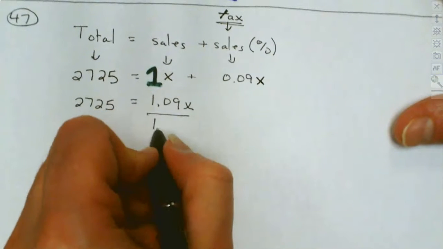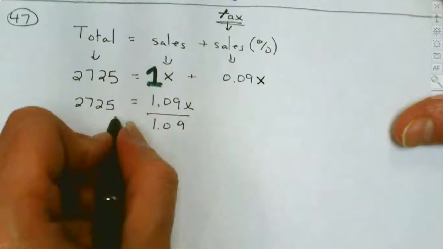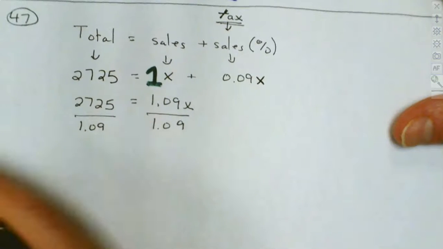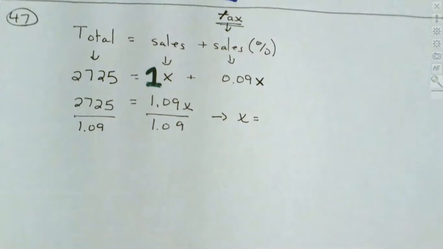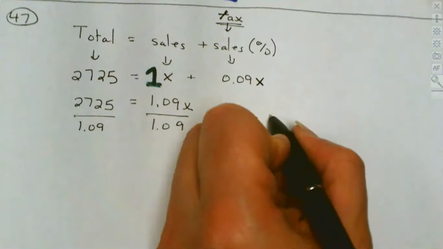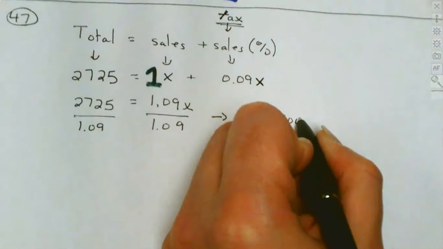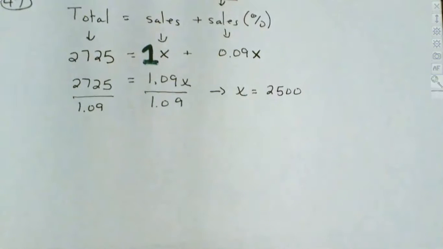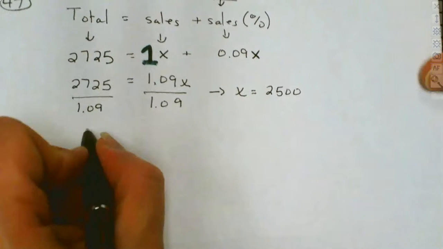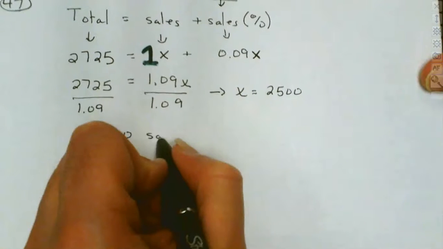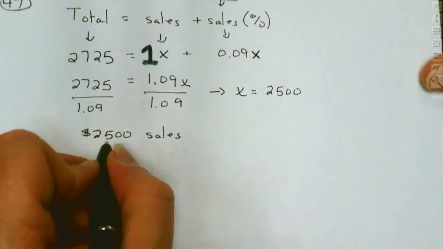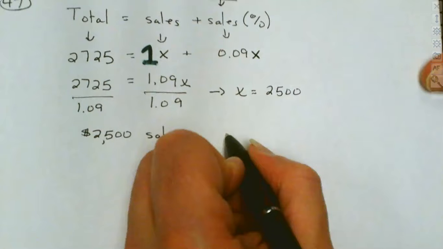So we'll divide out by that 1.09, and that then gives us our value of x. 27.25, divide that by 1.09, and that gives us our 2,500. That is not the answer to this question, because the 2,500, what is that? Well, the 2,500, that represents the sales. We want the taxes.